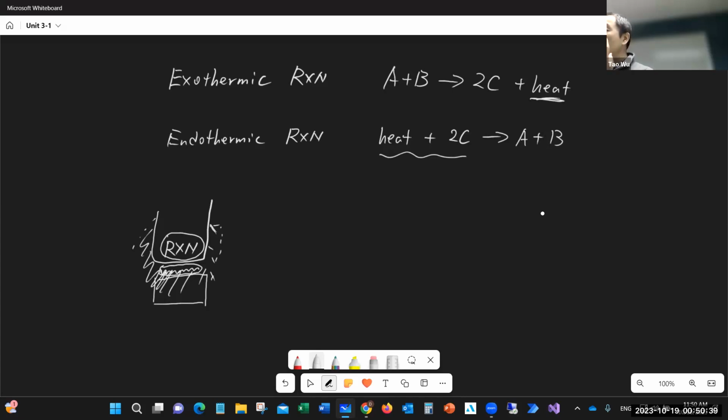So this is endothermic. Remember, when we talk about endothermic and exothermic, you need to think about what the system is. Let me give you some examples.